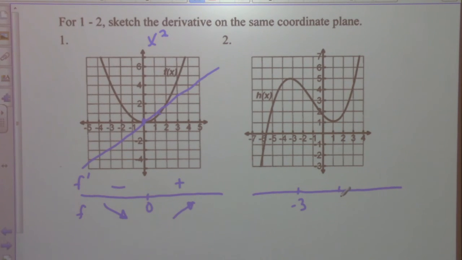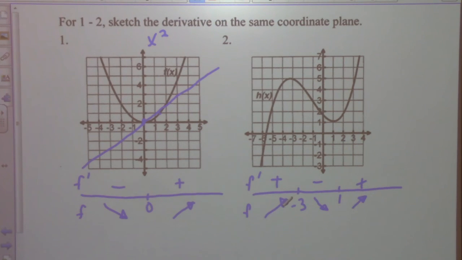Now we put our f prime. What is f doing here to the left of -3? Increasing, right? So this is going to be positive here, and between -3 and 1, decreasing, so that's going to be negative, and then increasing over here.